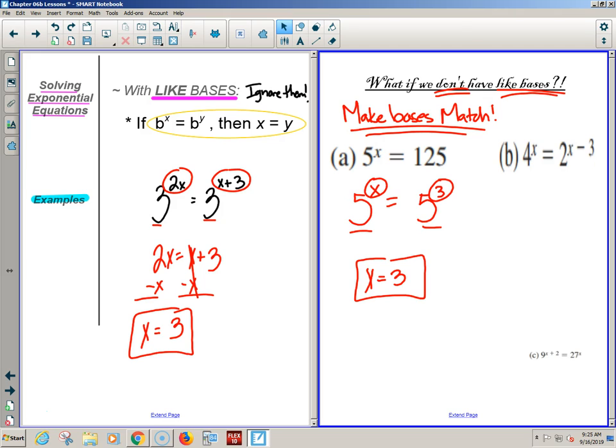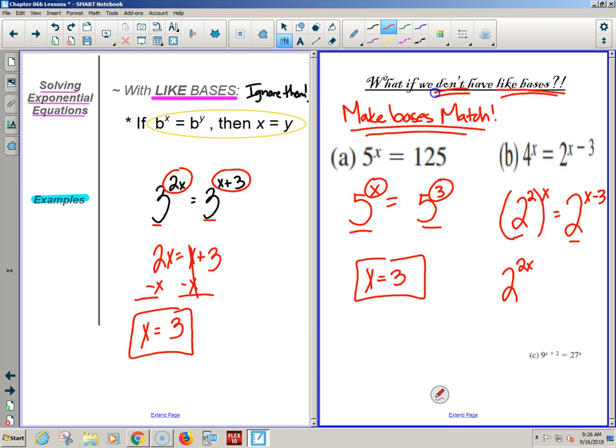Times 2, 3. What can I rewrite 4 to be with 2 as its base? Isn't it 2 squared? Now, this one might be a little bit trickier, but do my bases match? Yes. How do I ignore? Maybe I should rewrite it as 2 to the 2x.